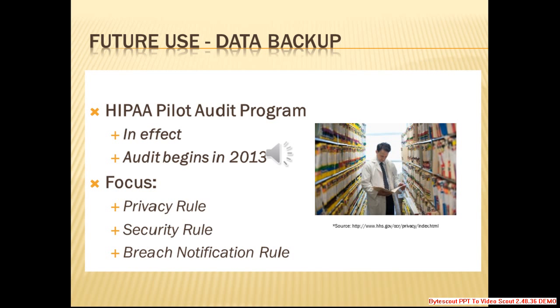Beginning in 2013, the U.S. Department of Health and Human Services Office for Civil Rights will conduct audits on healthcare providers and other organizations that are seen as covered entities. The audits are centered around HIPAA's 3 rules on privacy, security, and breach notification. Without a secure and reliable backup solution, many healthcare organizations will face significant penalties enforced by the HITECH Act.